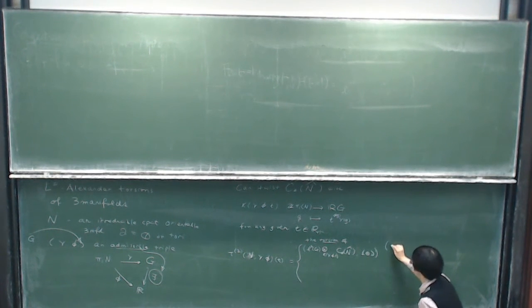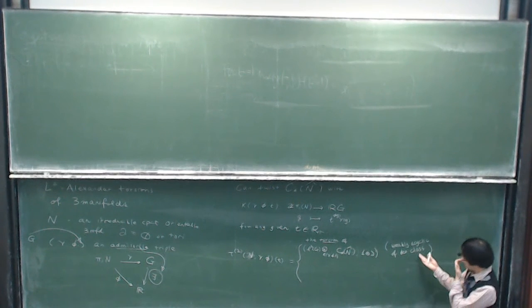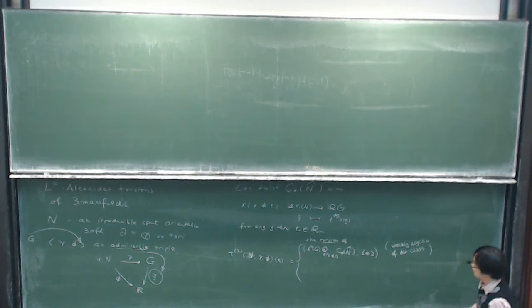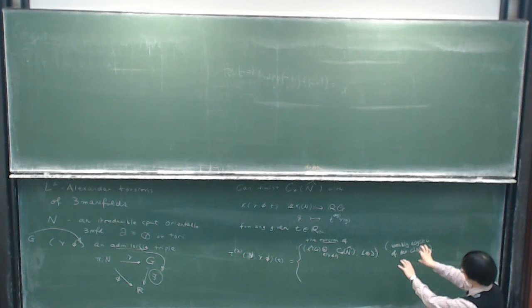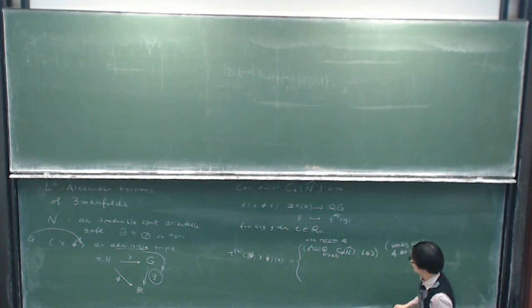So when this chain complex is weakly acyclic of determinant class, if that assumption holds, then this torsion would be basically the alternating product of the torsion coming from each dimension, and that will give you a positive number.